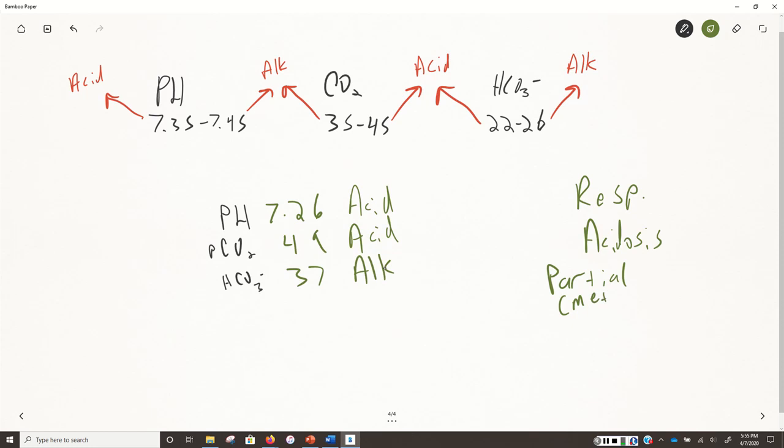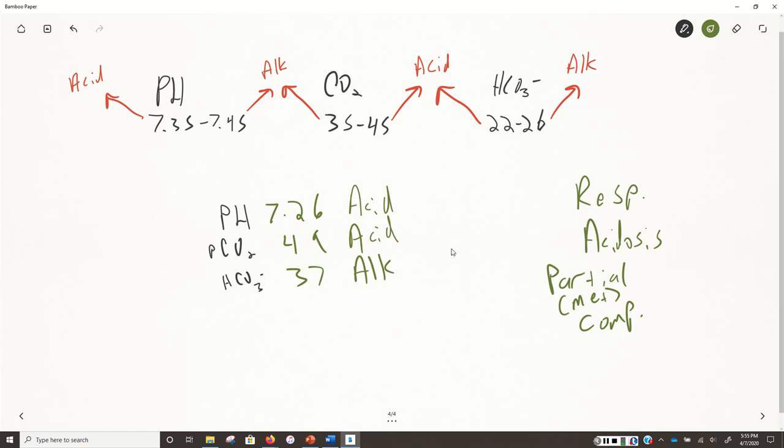metabolic compensation. What does that mean? Partial compensation says that something is trying to pick up the slack. In this case, the kidneys are trying to pick up the slack from the lungs, but they have not yet fixed the pH problem. The pH is still abnormal, so they haven't completely fixed the problem.